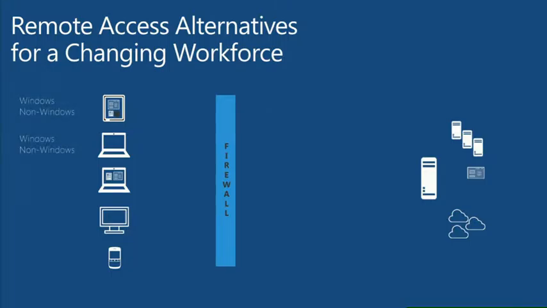So up front, we've got Windows and non-Windows tablets, and we've got Windows and non-Windows PCs. For those, we can use VPN as a mechanism to provide access to the enterprise network on the right-hand side of your screen.